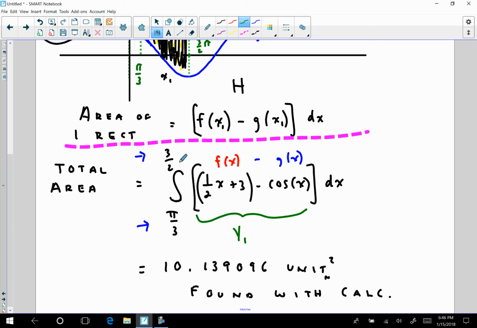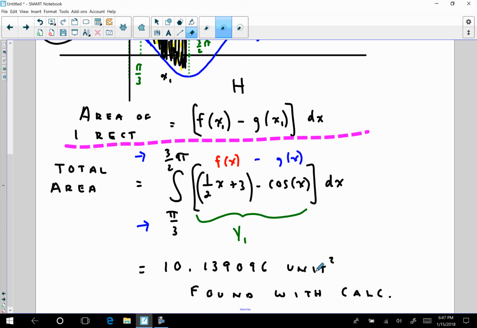This is going to be 3/2 pi. This is going to be a number. I put that in my graphing calculator, and it looks like I'm going to get 10.139 units squared. And this is certainly found with my graphing calculator.